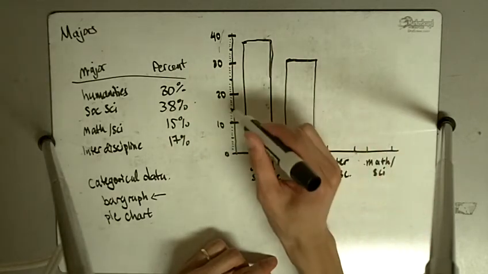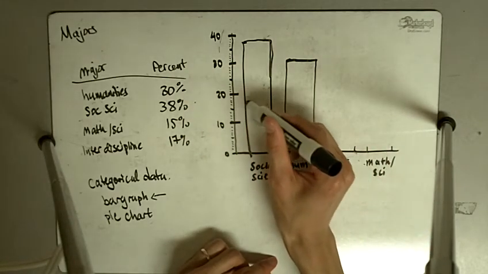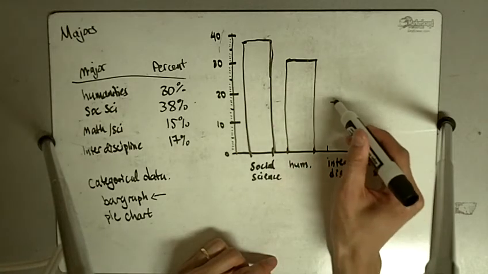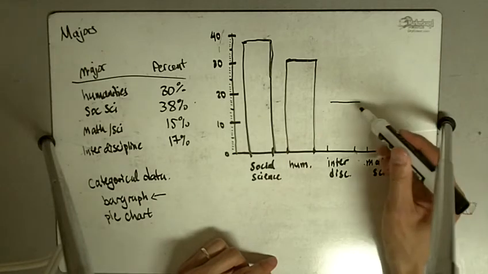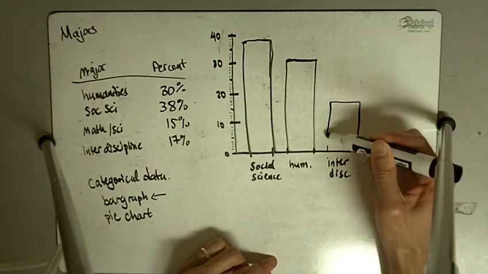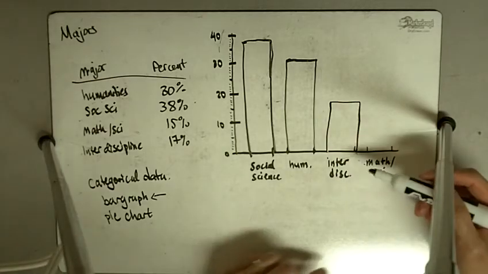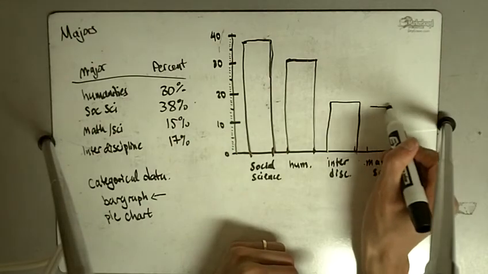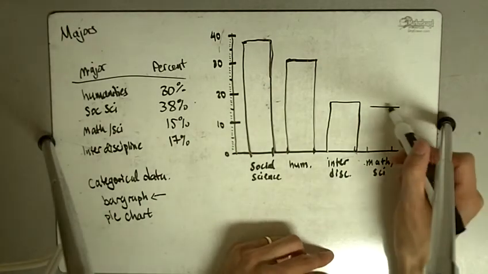Interdisciplinary is 17%. So this is 15, 16, 17. So going right across to 17% right there. My lines aren't perfectly vertical. And then lastly, 15%, just a little bit lower for our math and science.